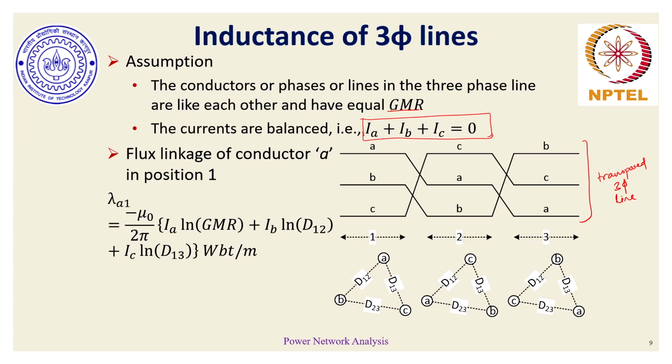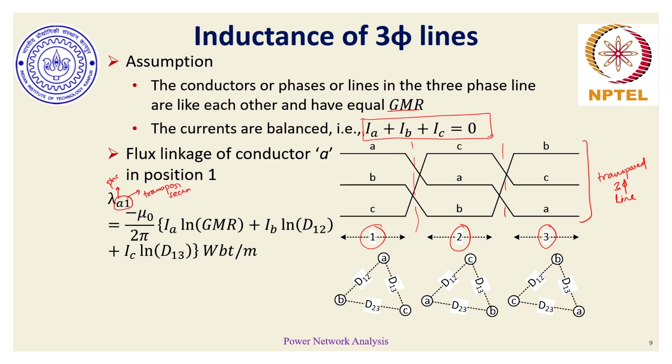So one section of this transposition is section number 1, the next is section number 2, the transposed section, and then I have section number 3. If I have to find the inductance of conductor A in section number 1, which is what I am associating over here, A is the phase A conductor, and 1 refers to the transposition section in which the inductance is being evaluated.